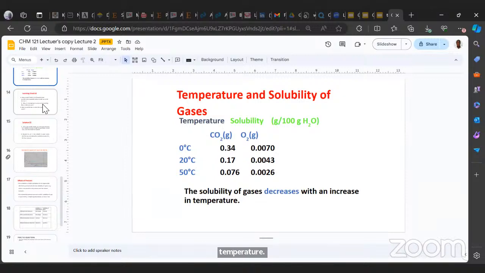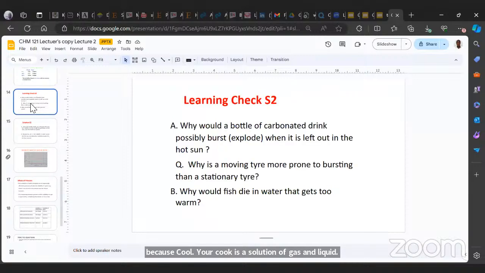That's why when you shake your bottle of Coke, you are increasing the temperature, you're agitating it. And so when you open it, pop, you see your gas coming out, because your Coke is a solution of gas and liquid. You've increased the temperature, and so the gas will come out.